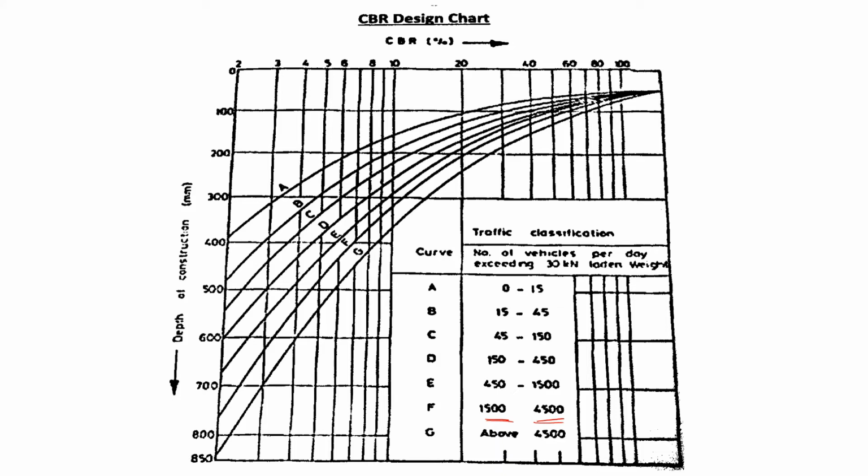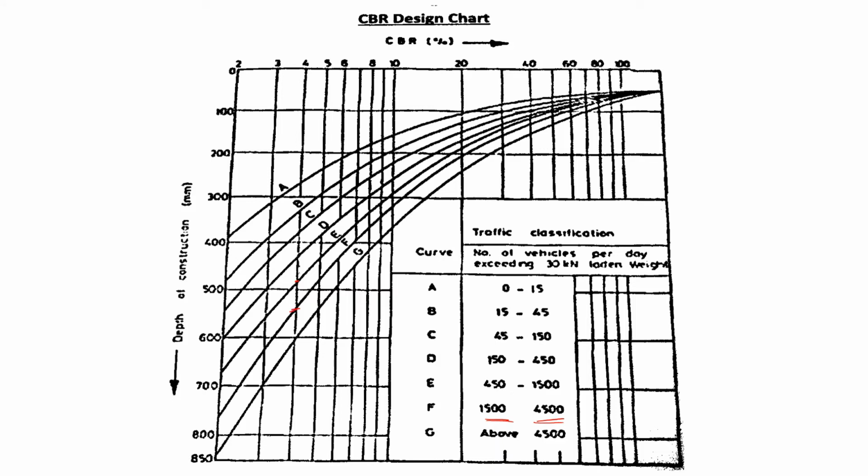Curve 7 is our design, and we know the CBR value we got for this road is 4%. So we need to check 4% and the corresponding value from the F curve. Here it is almost 550.